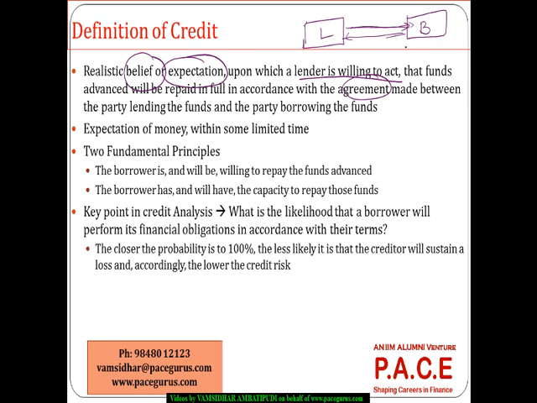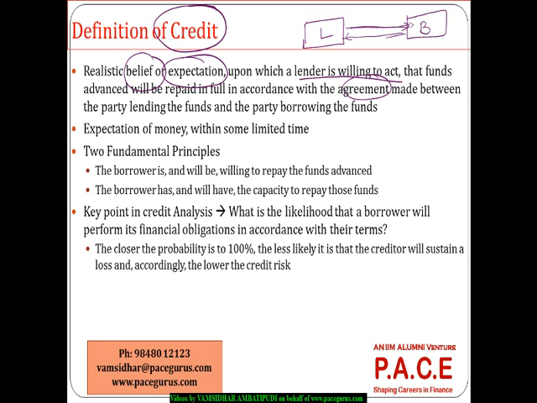So they have written an agreement that the borrower will have to pay an interest, let's say every year, and the principal at the end of 3 years, whatever it is. So the lender is having a realistic expectation that the fund that he has advanced will be repaid in line with the agreement that is made between the two parties, who are the lender and the borrower. That is what we are calling credit.